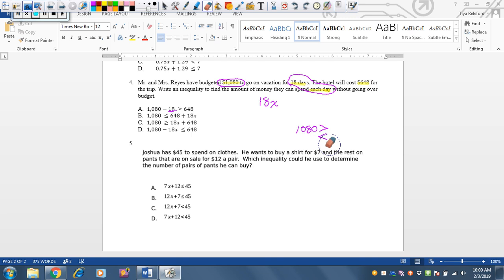If she has $1,080, that alligator has to eat $1,080. Can they spend exactly $1,080? Of course they can. They put the money aside to go. So now you're going to cross off anything that doesn't have a double-chinned alligator eating $1,080. And then you got your answer.